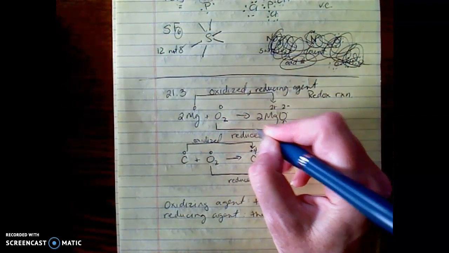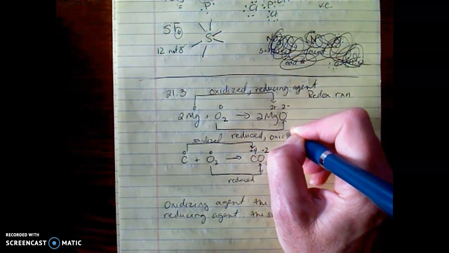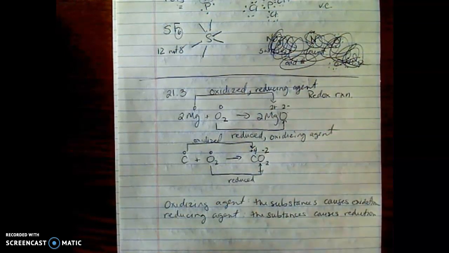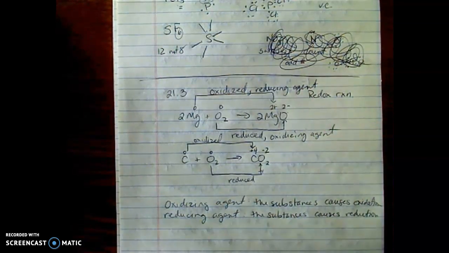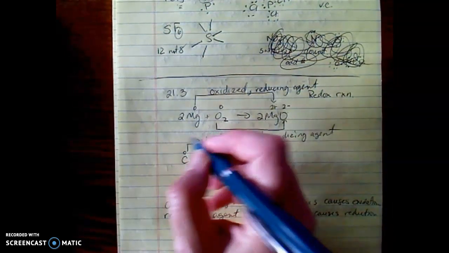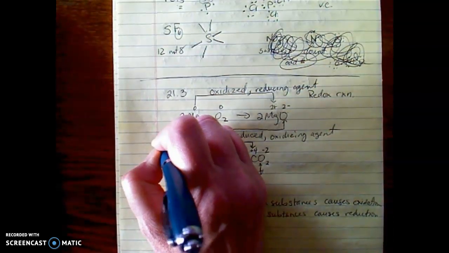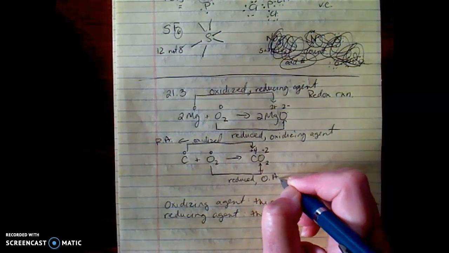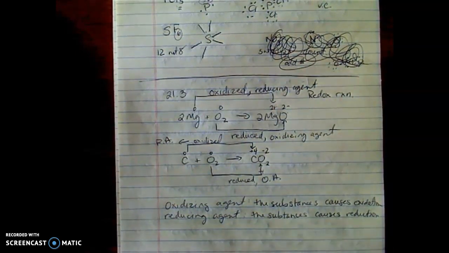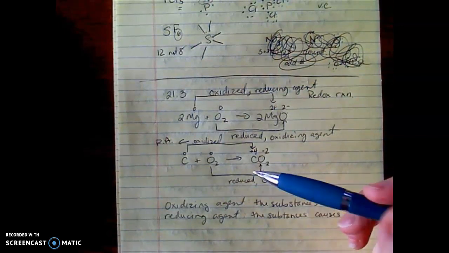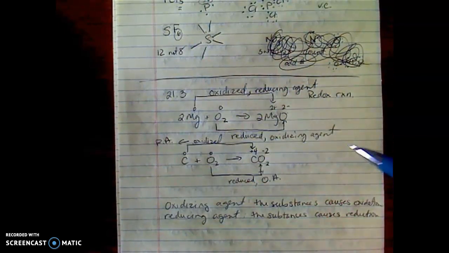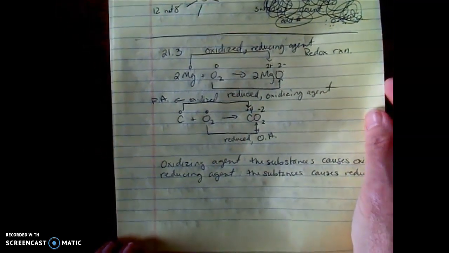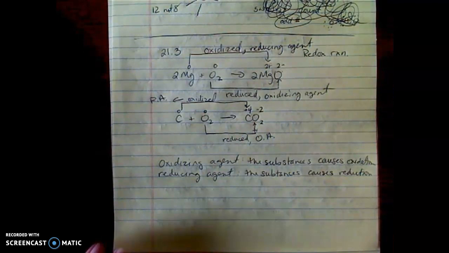So anything that's reduced would be the oxidizing agent. Again, you can't have one without the other. So as long as you can identify what's oxidized right away, you know that this is the reducing agent. This was reduced, therefore it's the oxidizing agent. Okay, so that is identifying by using oxidation numbers.